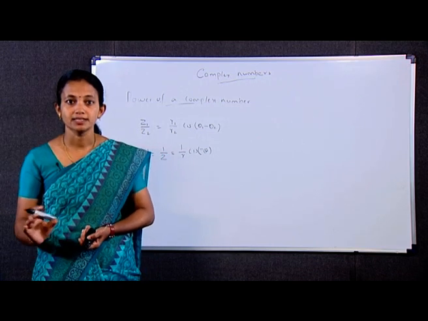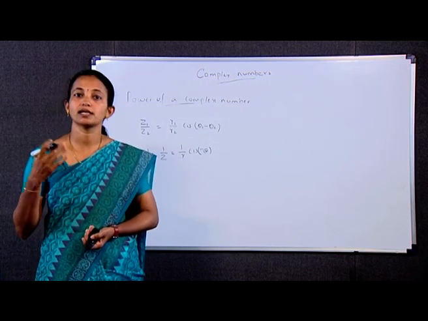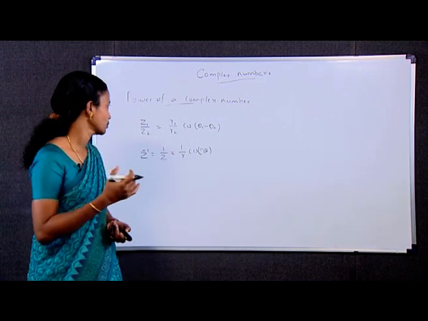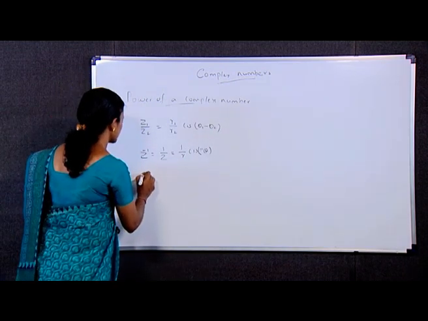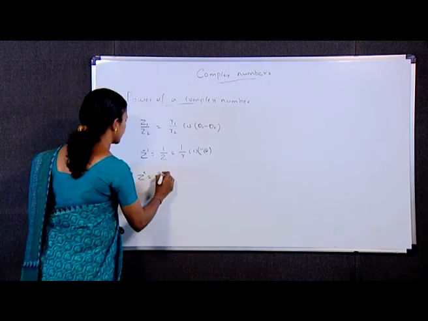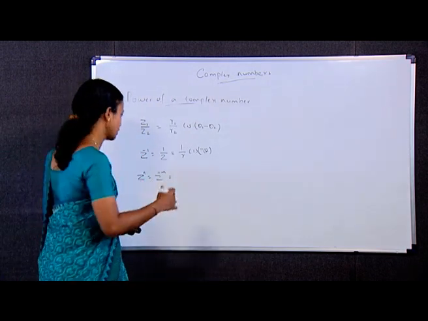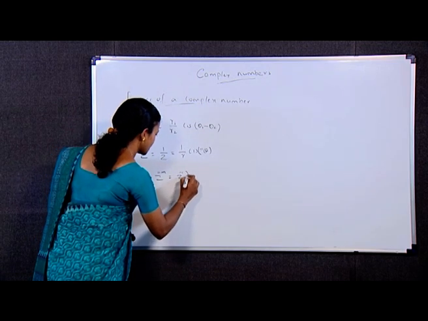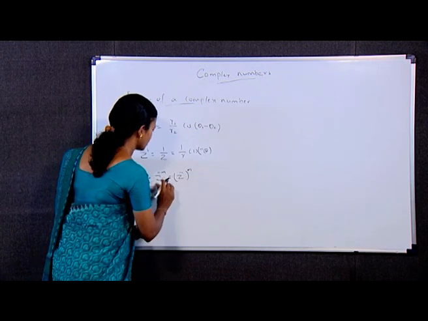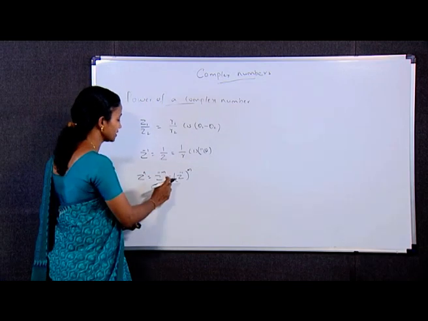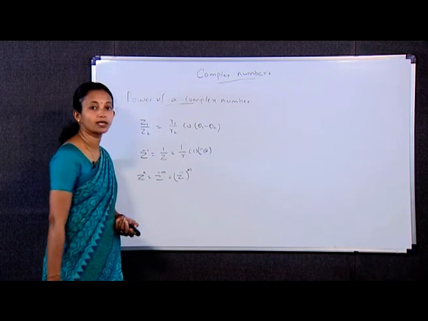We write z raised to n equal to z raised to minus m, which we can write as z raised to minus 1, whole raised to m.